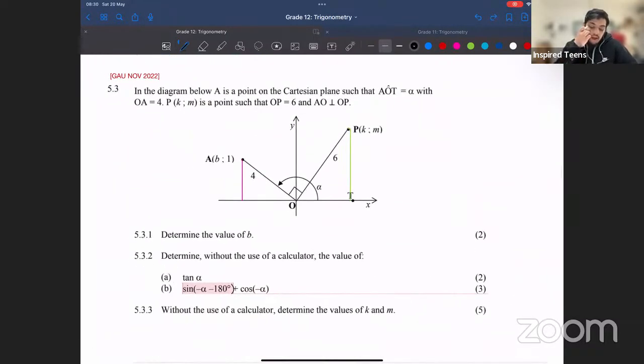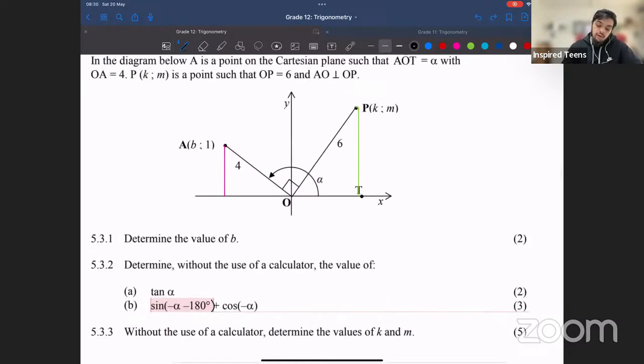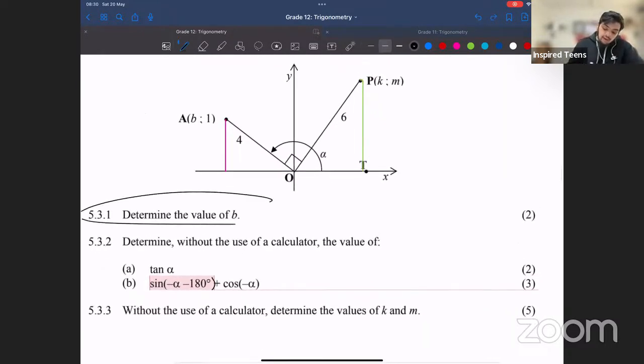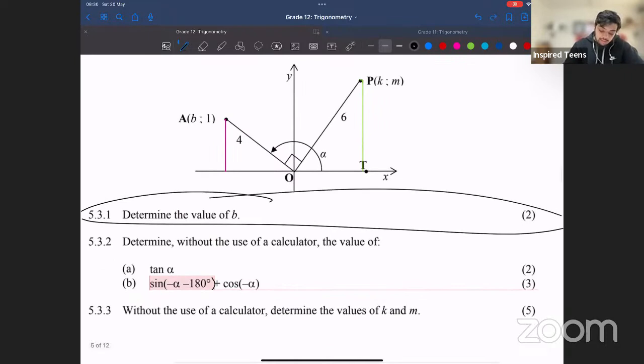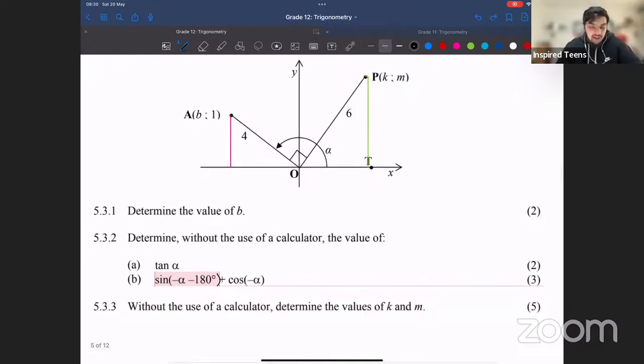In the diagram below, some important things to note: all the information that's in the written part is in the diagram, so I'm going to ignore that for now. They want us to determine the value of B. So be careful, like I said. We are working with two different triangles. I identify B and which triangle it's in, and then work with that specific triangle.